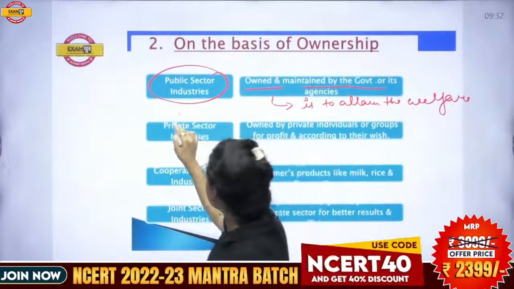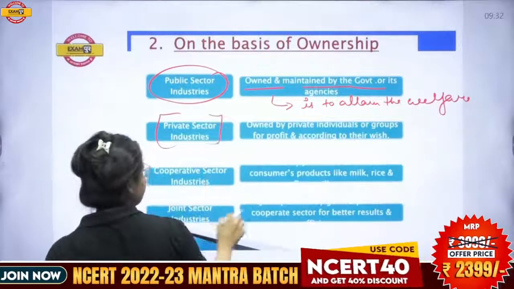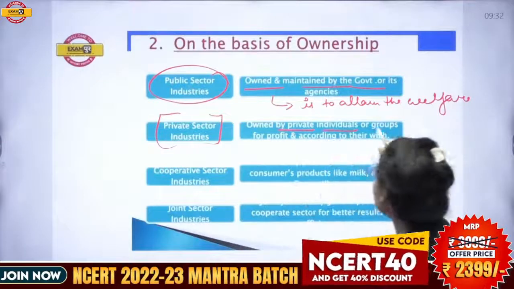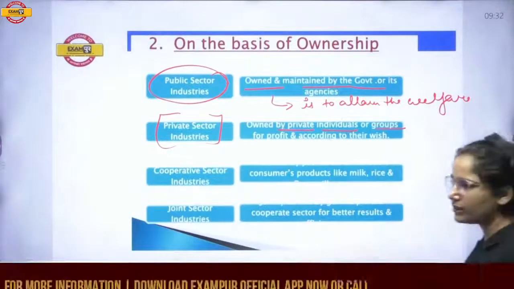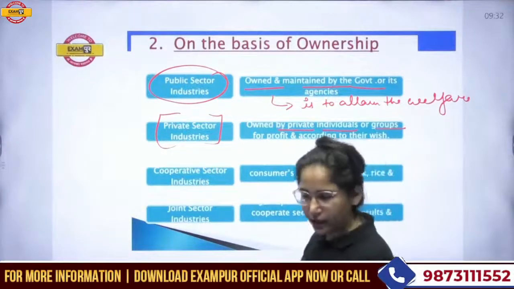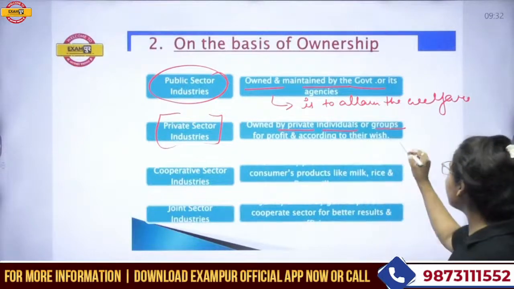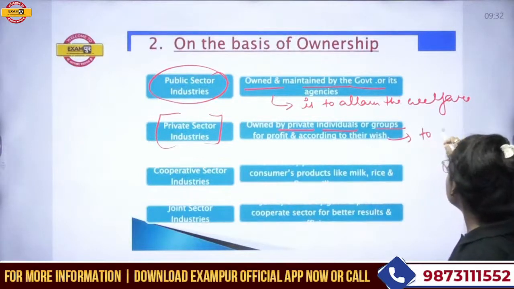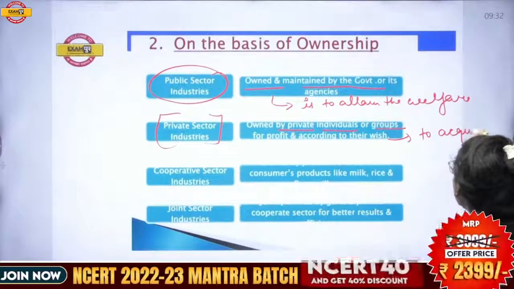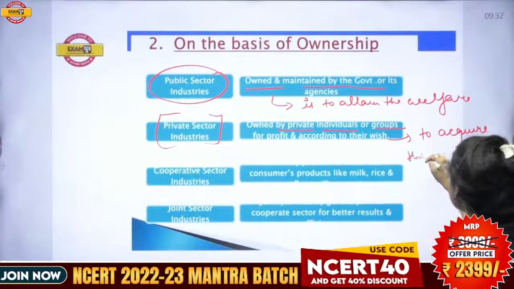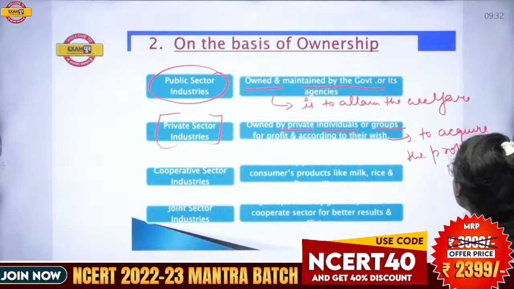And private sector industries are owned by private individuals and groups for profit according to their wish. According to their wish means their aim is to acquire profit maximization.